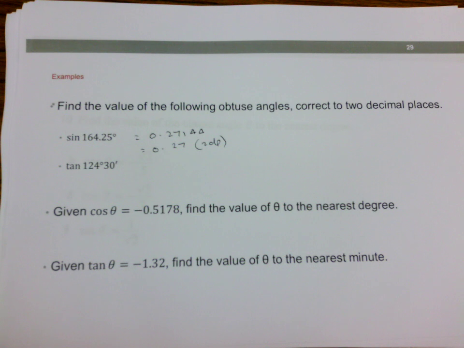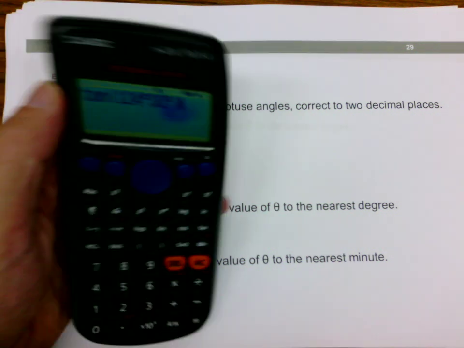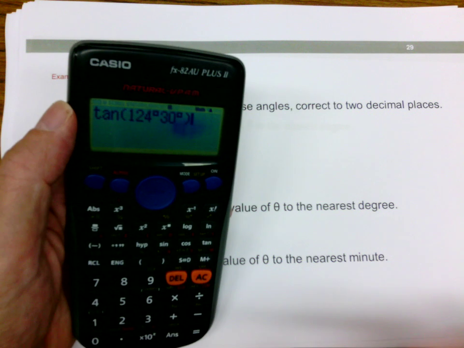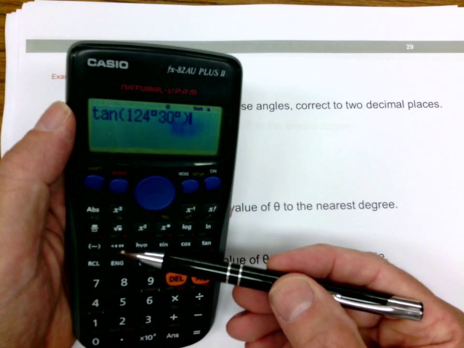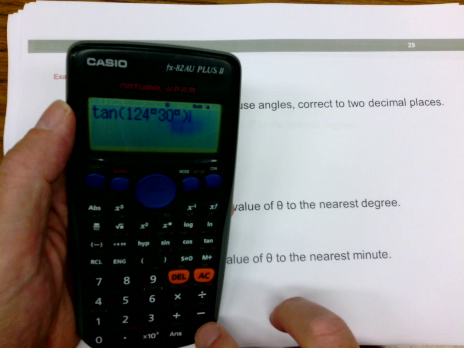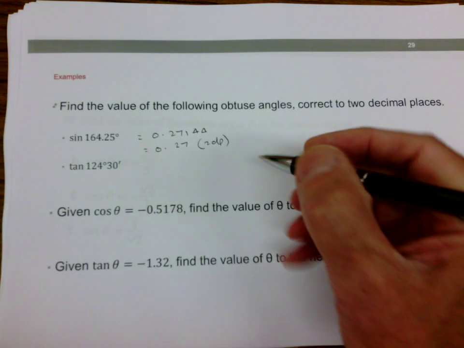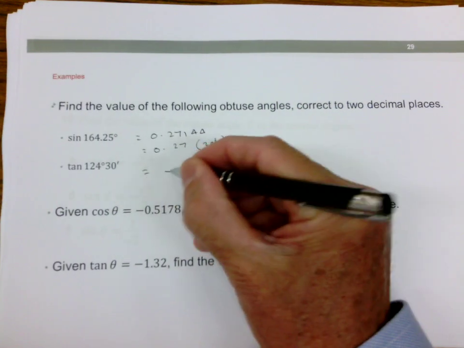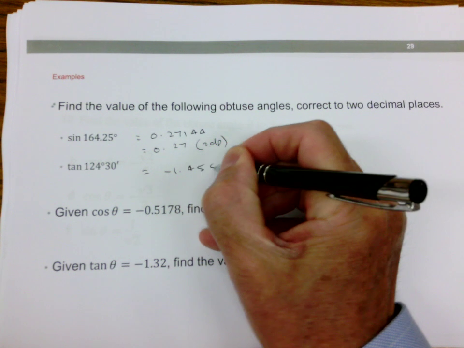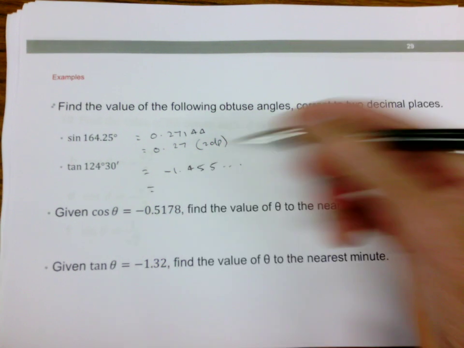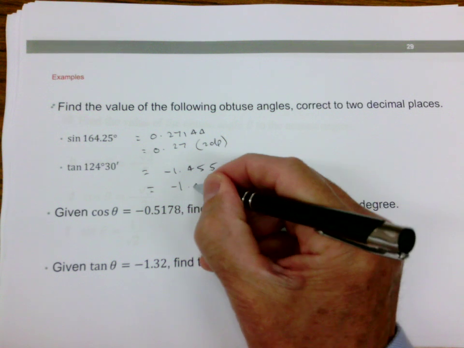So it's tan 124 degrees, 30 minutes, and we should have a key on the calculator for entering that. There we are, entering that, and we get minus 1.4555, and we're going to 2 decimal places, so that's going to be minus 1.46.